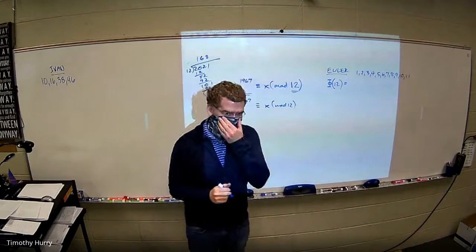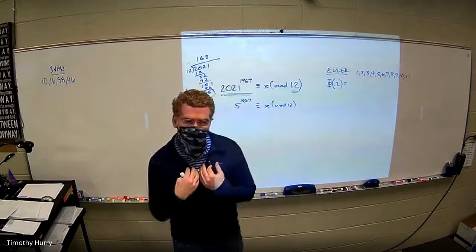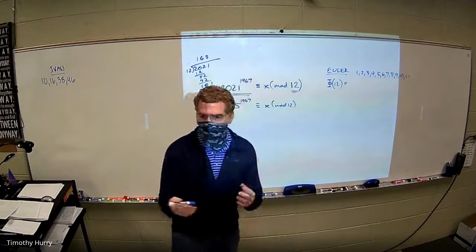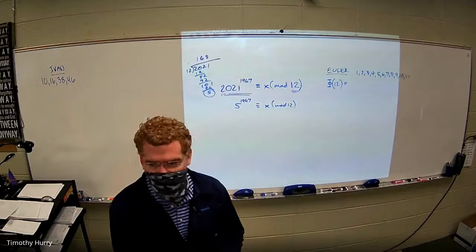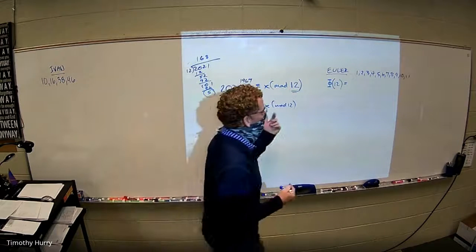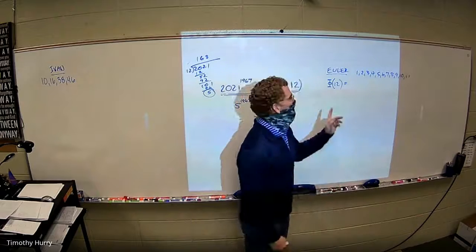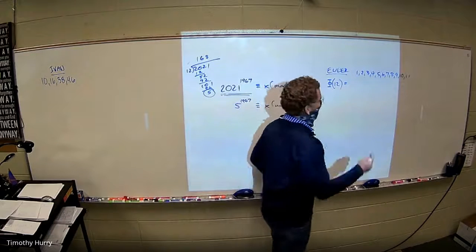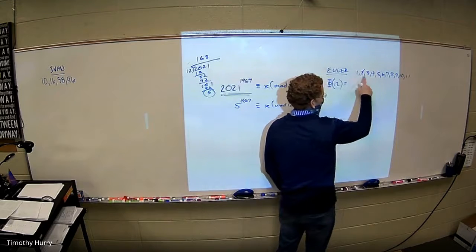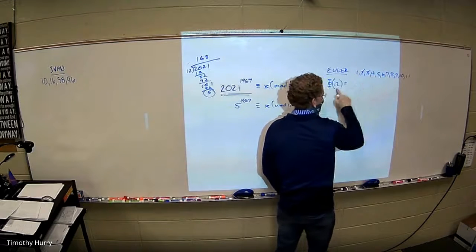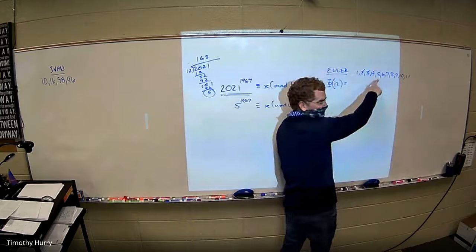How many of those numbers are relatively prime with 12? All relatively prime means is they don't have a common factor. So think, which ones have a common factor with 12 other than 1? Well, obviously, they both have a 2 in it, so not that. They both have a 3, so not that. They both have a 4, but they don't have a 5.